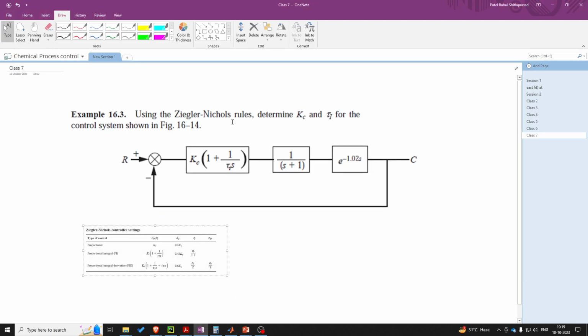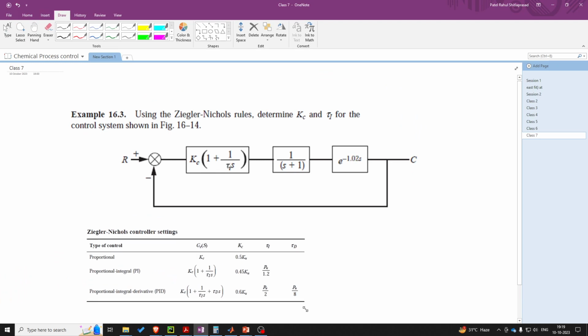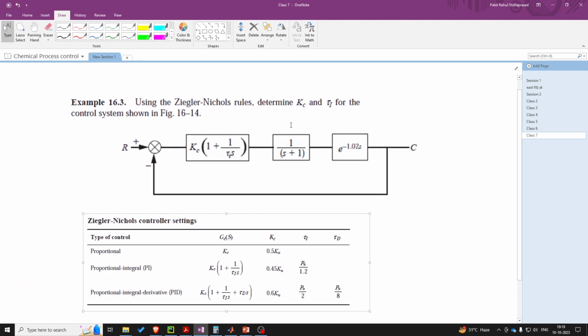Using the block diagram and this table, you have to find the controller parameters Kc and tau I. For doing that you just need to calculate 2 parameters, that is the ultimate gain Ku and the time period Pu. Ku you can get using any stability analysis, so you can use Bode stability criteria and then find the value of the ultimate gain of the system.